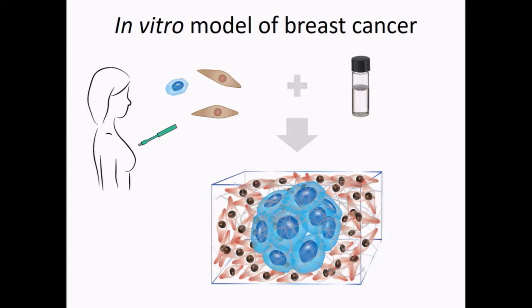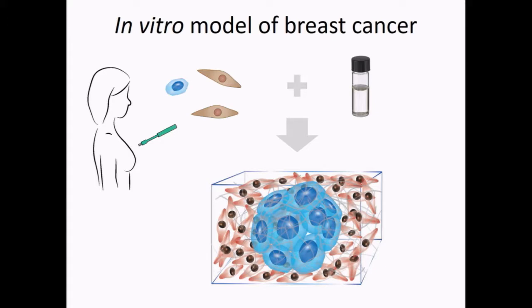Because in a tumor, the cancer cells are growing in 3D, and they have extracellular matrix, and they also have normal cells around them. That's the environment of a tumor. So it would be a better model for a tumor if you could have a 3D environment and also combine the tumor cells with normal cells.